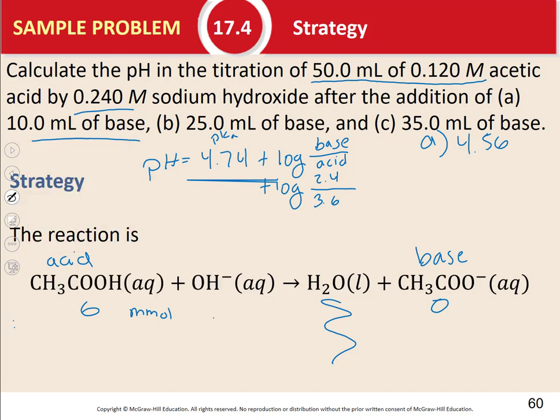Now in B, we've added 25 milliliters of the base. So what is now our concentration, or our millimoles of hydroxide? Again, millimoles is the molarity times the volume.